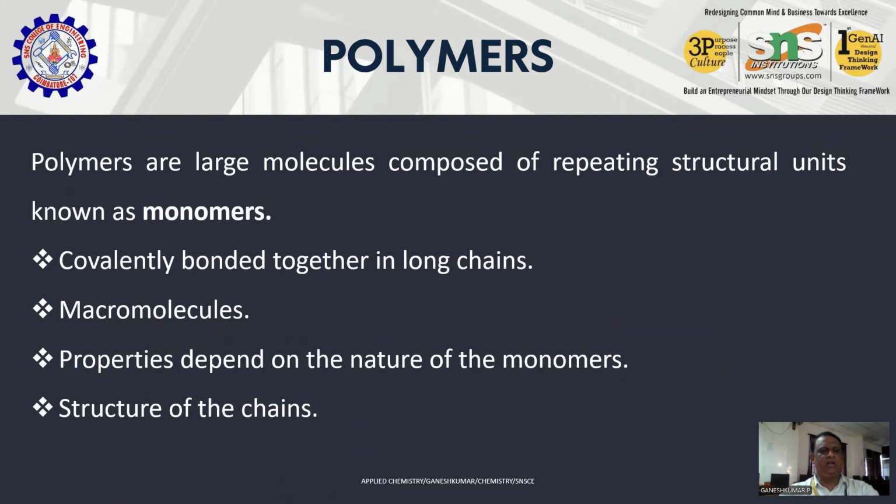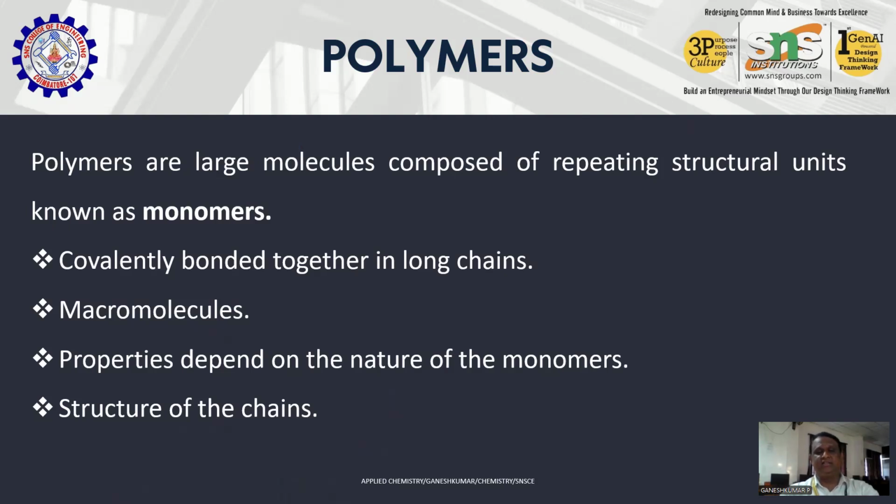Generally, polymers are large molecules composed of repeating structural units known as monomers. Mono means single and mer means part. So many monomers, when they combine together, form a macromolecule, which we define as a polymer.